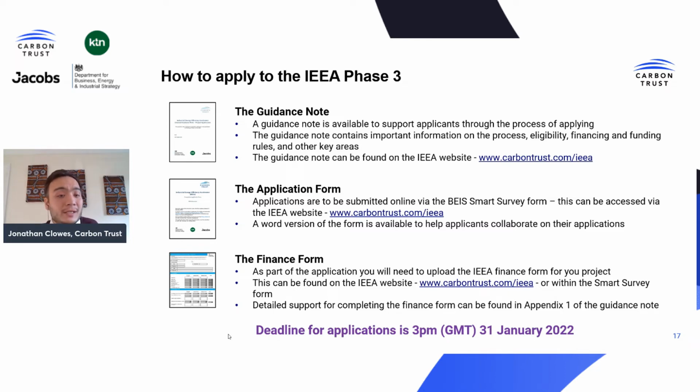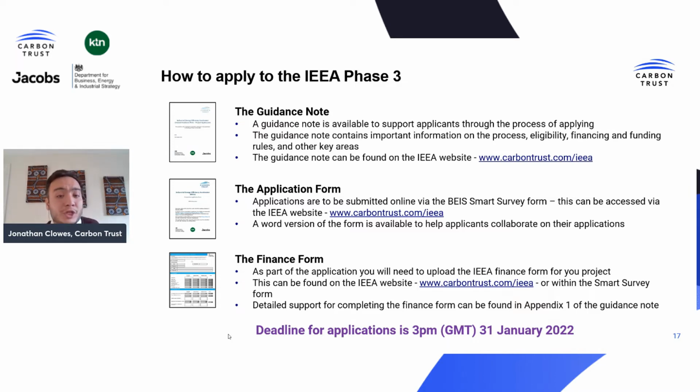The next key document is the application form. Final applications will be made via the Smart Survey form, which you can access through the IEA website. This allows you to save your application and come back to it and keep updating it at any time throughout. But we also understand that many of you will be working in consortiums, and so wanting to collaborate and work together on your applications.